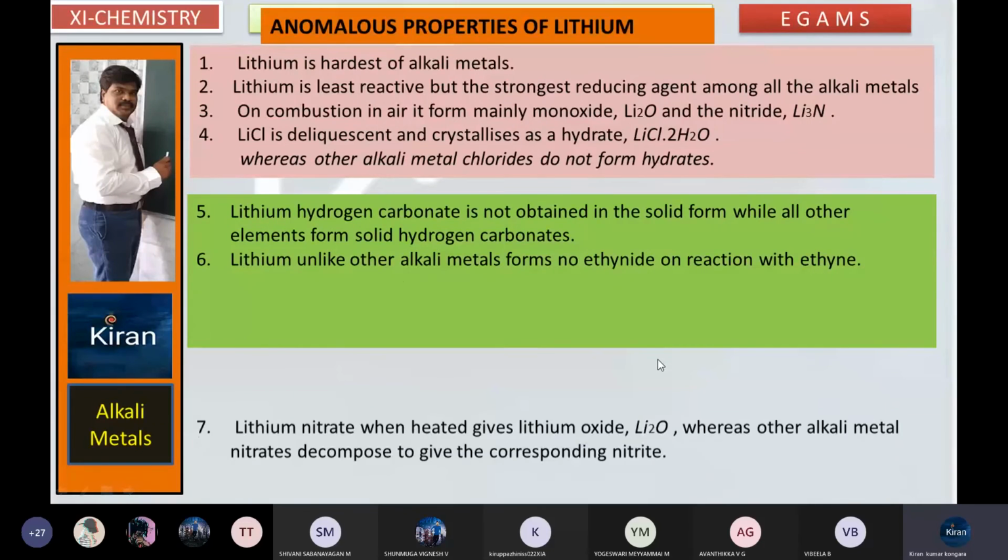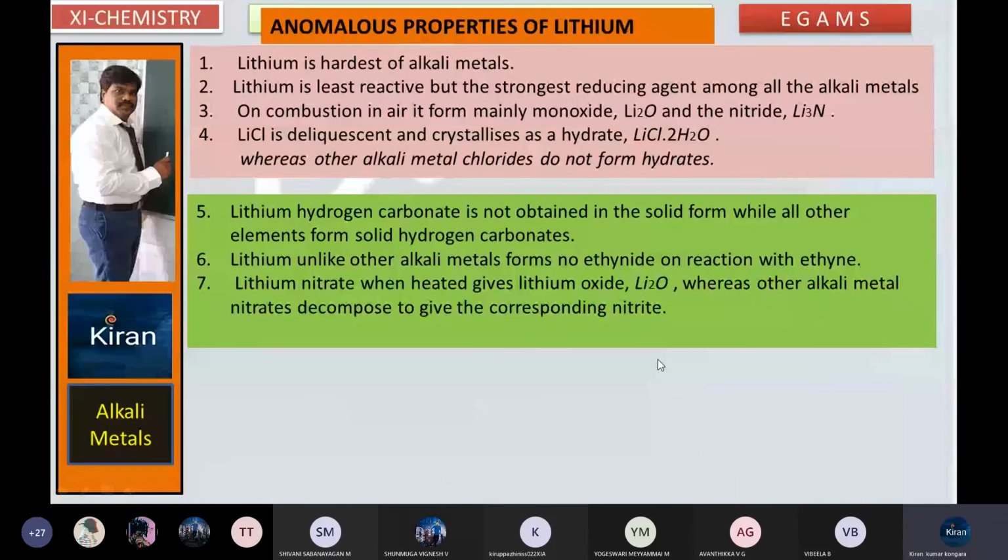Lithium nitrate when heated gives lithium oxide, whereas other alkali metal nitrates decompose to give the corresponding nitrite. Important point. See here, students, lithium nitrate LiNO3.